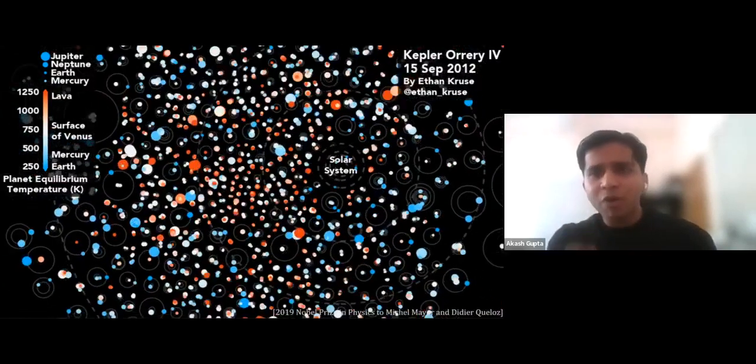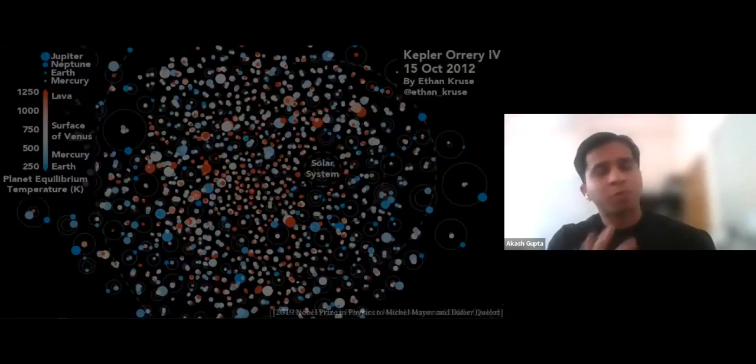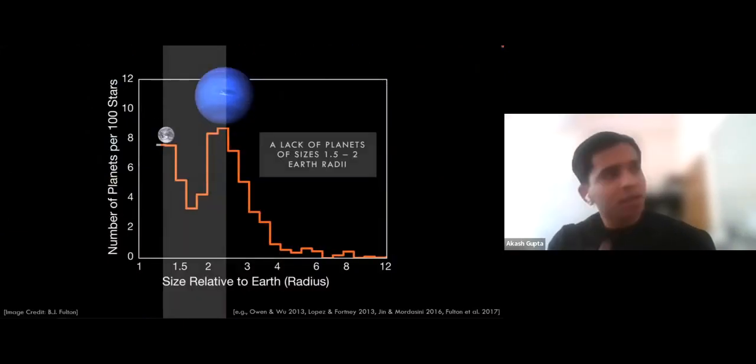One of the most profound findings from this time is this lack of planets around 1.5 to 2 Earth radii. What you are seeing here is, on the y-axis, the number of planets, and on the x-axis, the planet size. As you can see, there are very few of them around 1.5 to 2 Earth radii.